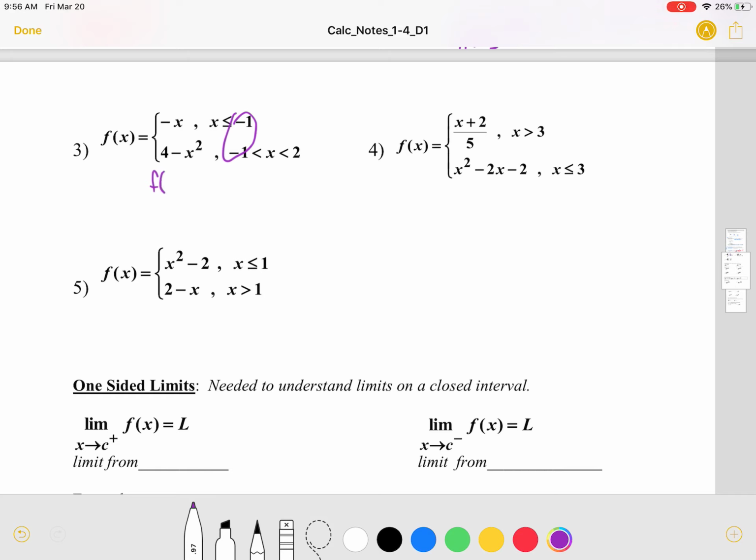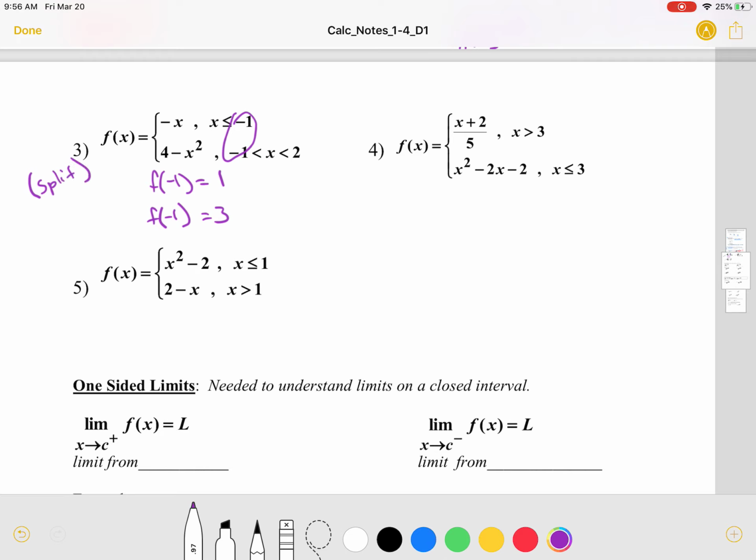So for the first one, we'll plug in our -1, and you're going to get 1. If you plug it in for our bottom function, you get 3. Okay? So that's a good test. If you see that they come together at the same point, the same x point, but they get you different y's, that means that we're going to have a little split. Okay?